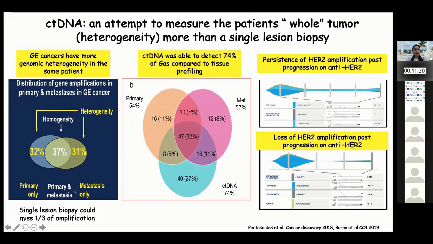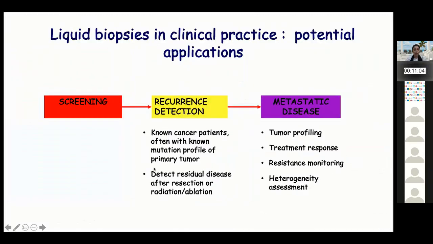And you can see that if you did only a single lesion biopsy, you could miss up to 1/3 of amplifications that you would want to know in terms of HER2 amplification, in terms of treating these patients. And not only that, you can see over time, HER2 amplifications can be either persistent or lost. So again, you need to be able to track these patients over time.